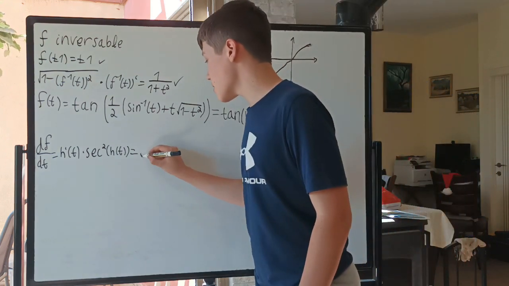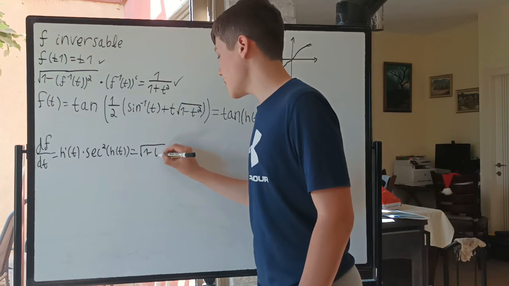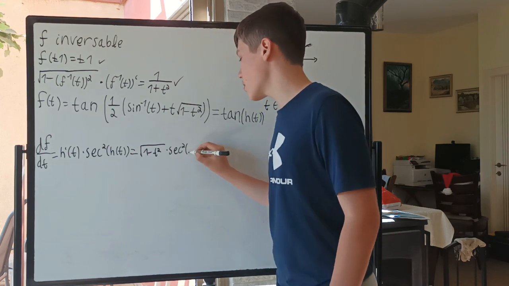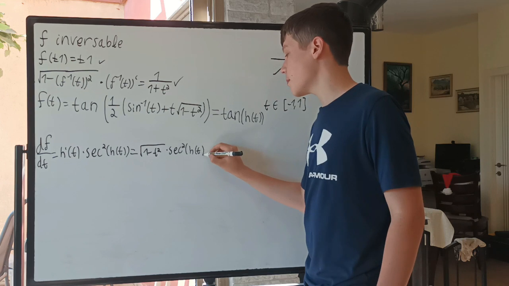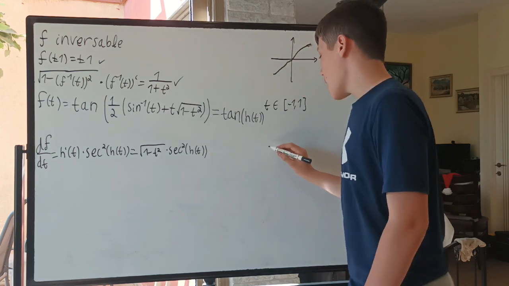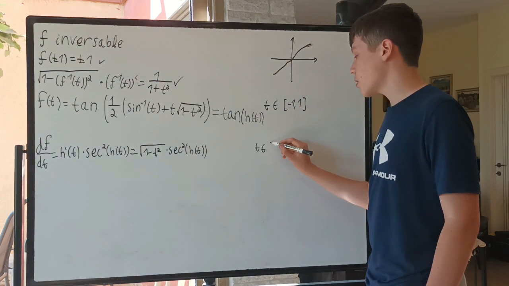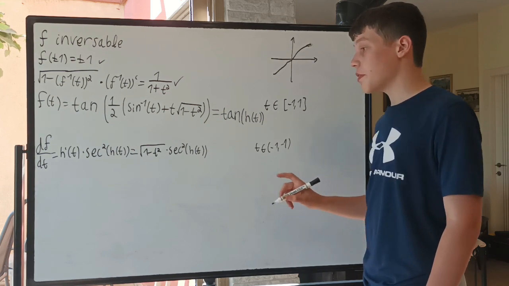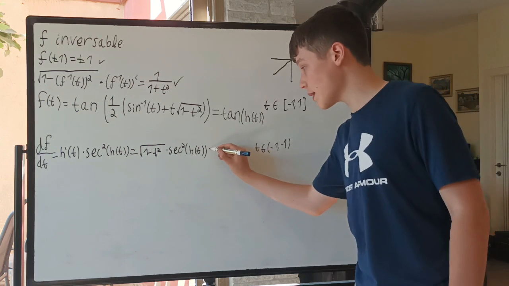Meaning that this is the square root of 1 minus t squared times secant squared of h of t. Now, if we look on the open interval from negative 1 to 1, this will always be strictly positive.